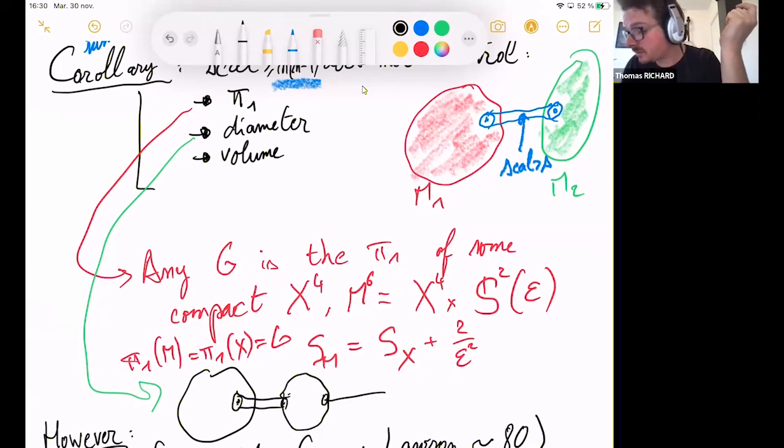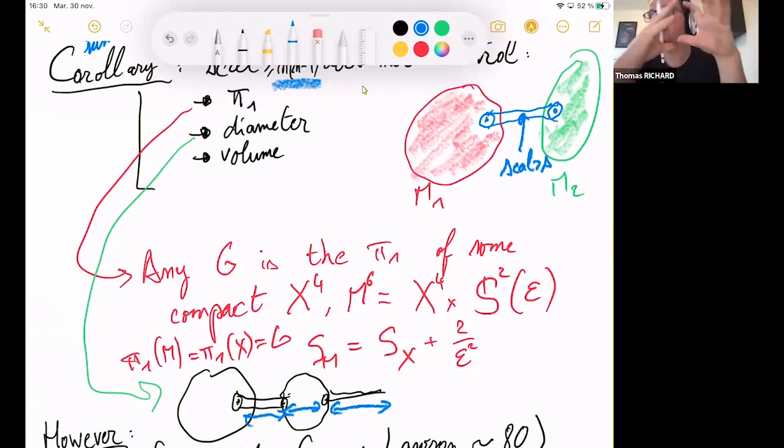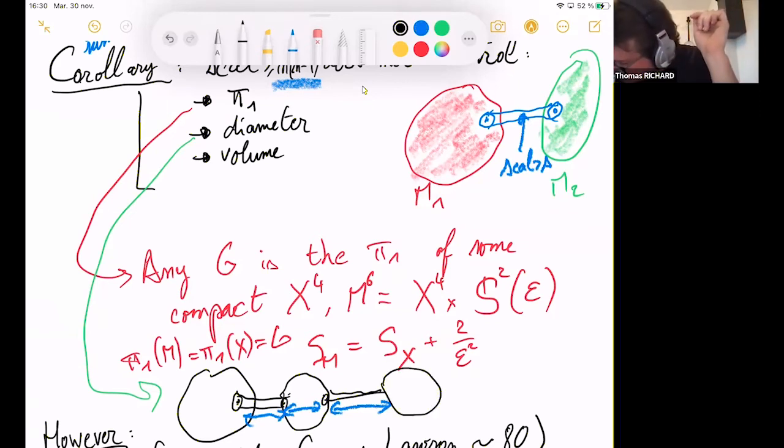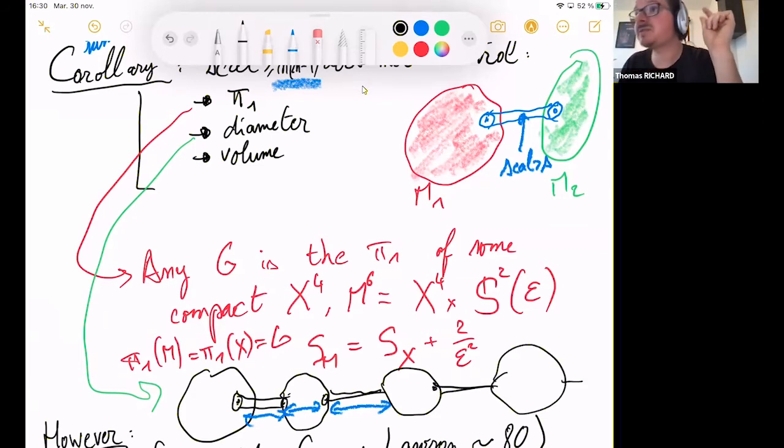I can continue this process, ensuring that these pieces don't shrink, and also that the pieces I'm adding don't shrink. I can make this connected sum as long as I want, and I can get a metric space of diameter as big as I want, and the volume also can be as big as I want. So there's no control on pi1, the fundamental group, no control on the diameter, and no control on the volume.